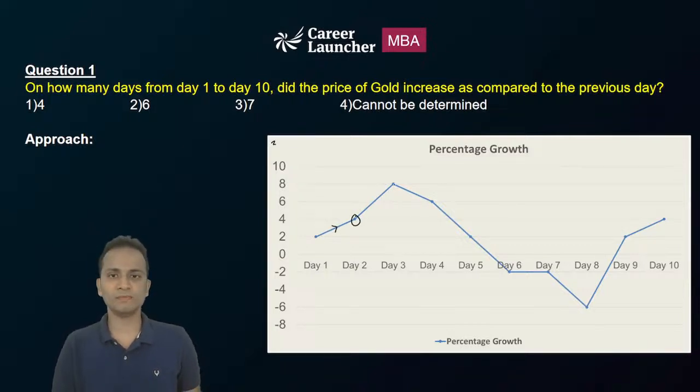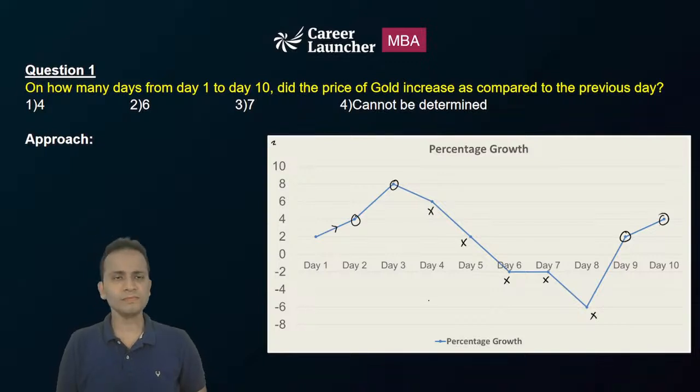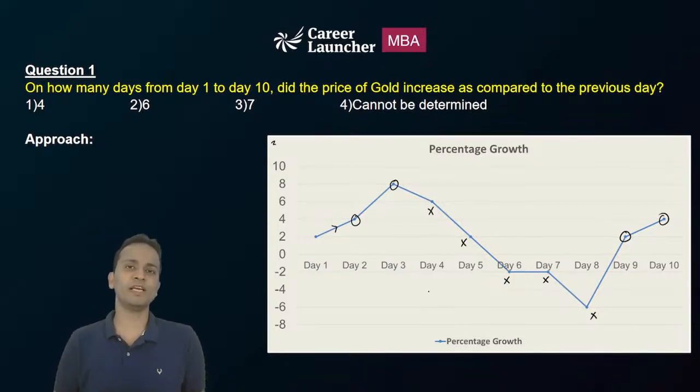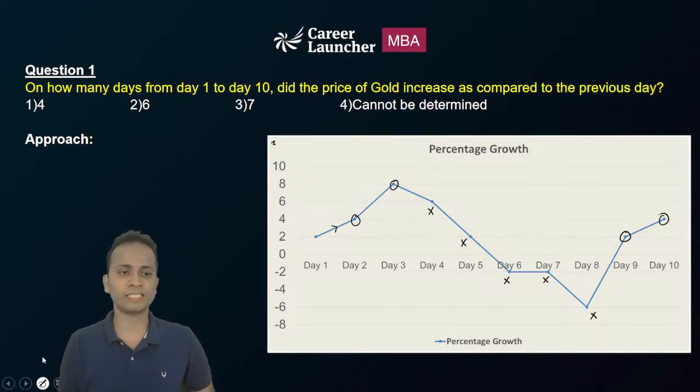This is 1, this is 2, it has increased because it is going up. Whenever it is going down, we think that this is a decrease: decrease, decrease, no change, decrease, increase, and increase. So probably the most common answer that we will mark will be 4. But 4 is not the correct answer.